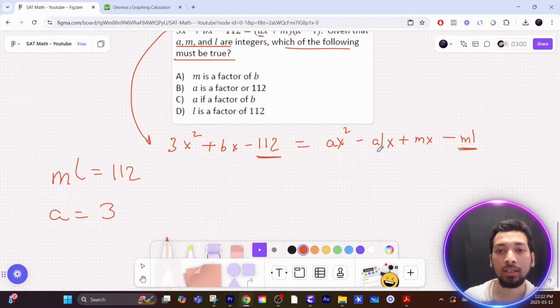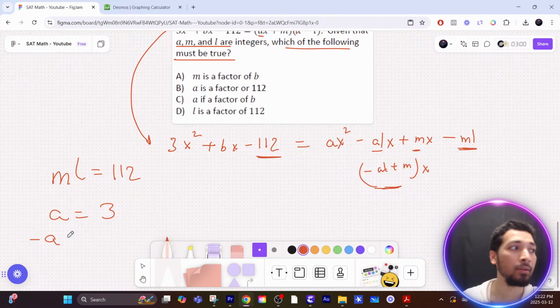And if we factor this out, we can write this as negative al plus m, times x. So that should be equivalent to b. So negative al plus m is equivalent to b.